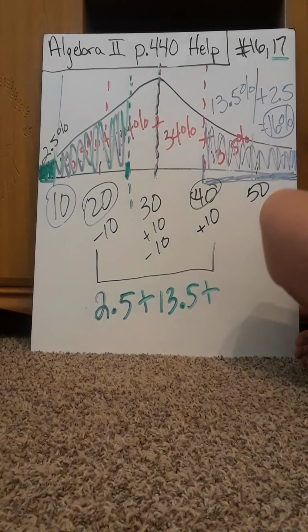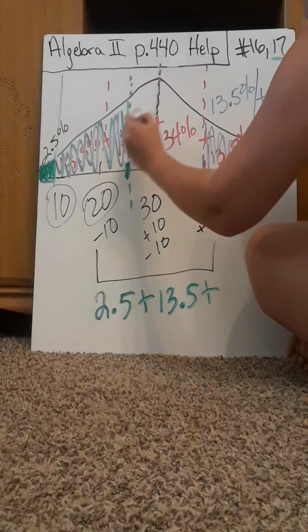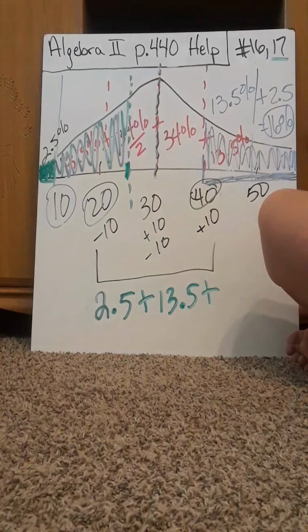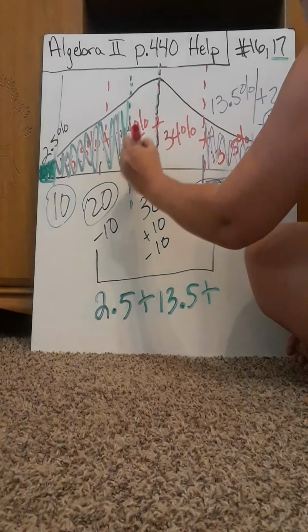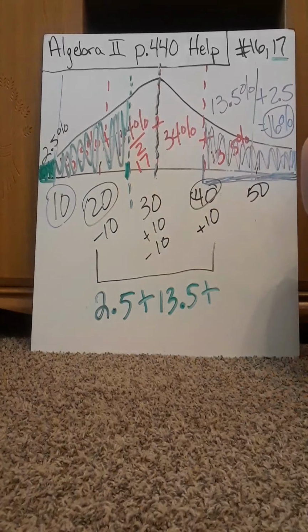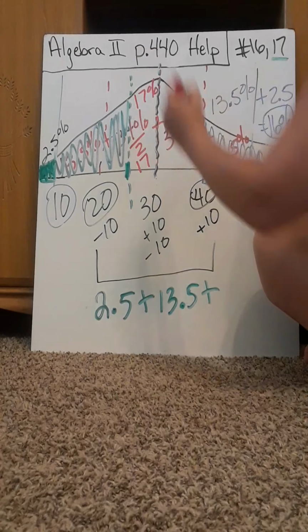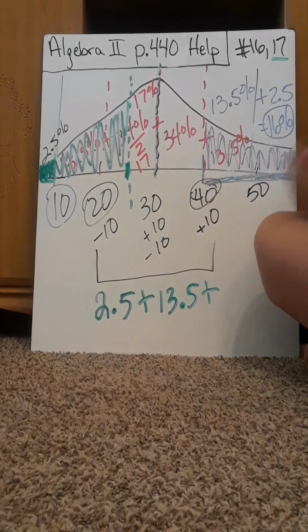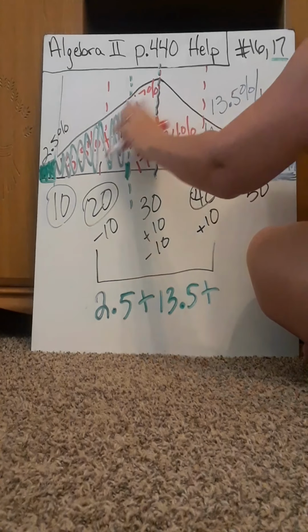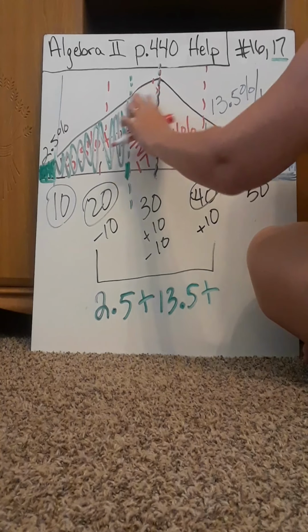So let's figure out what we would get if we were to cut that 34 in half. Well, 34 divided by 2 is 17. Hold on, 17 would be if we were to cut it in half.